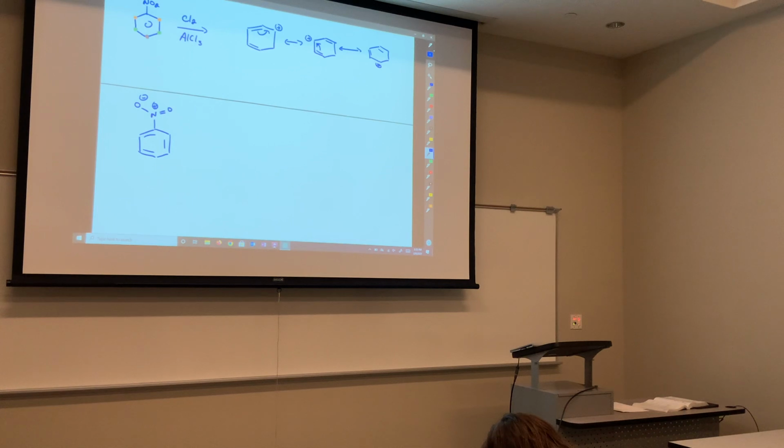So this one. Well, let me put it this way, you could do that, but there'd be no practical reason, because you'd end up with a positive charge on the oxygen, right? It does, but doesn't move into the ring, though.